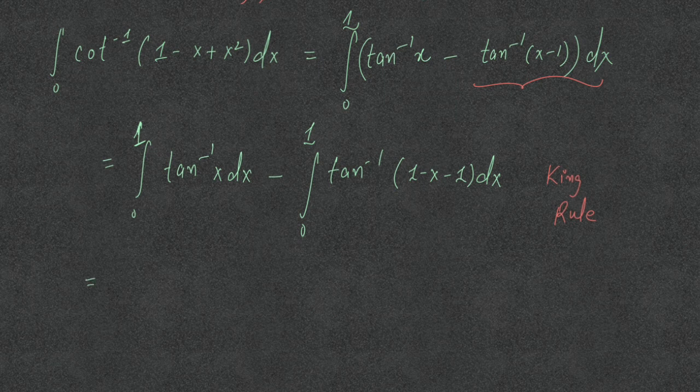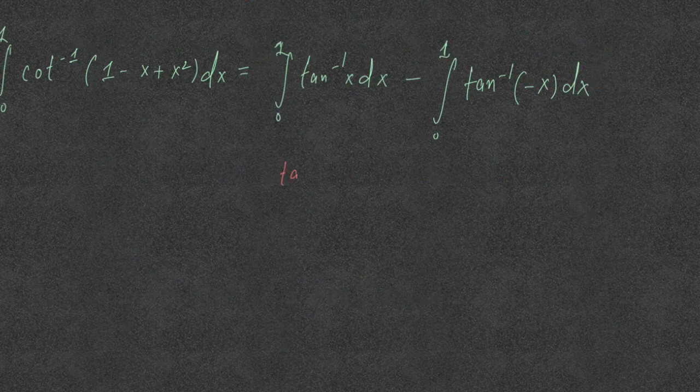So it becomes 0 to 1 integral tan inverse x dx minus 0 to 1 tan inverse of (minus x) dx.